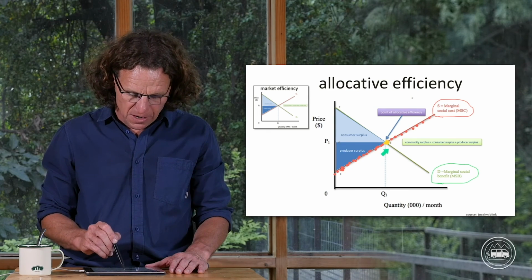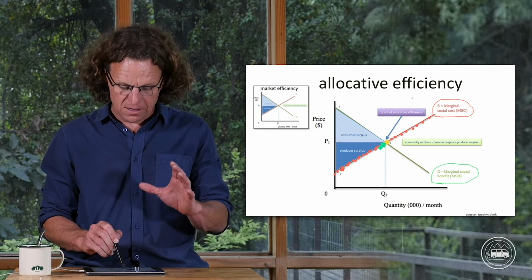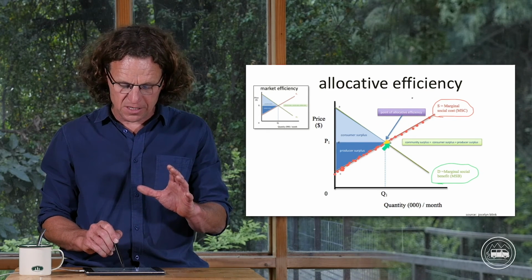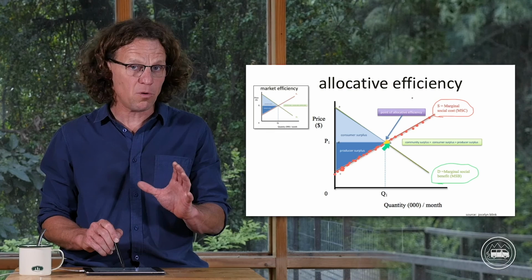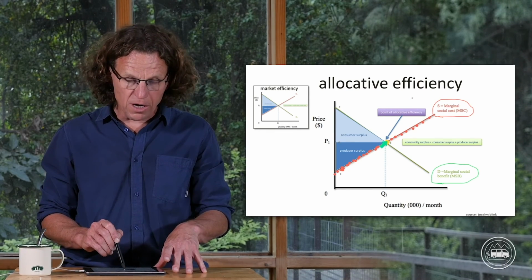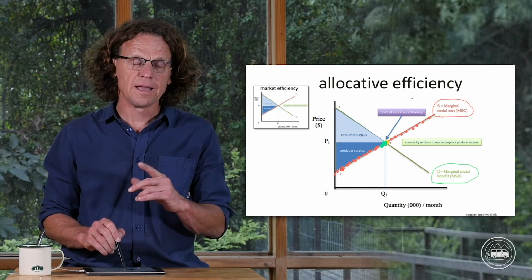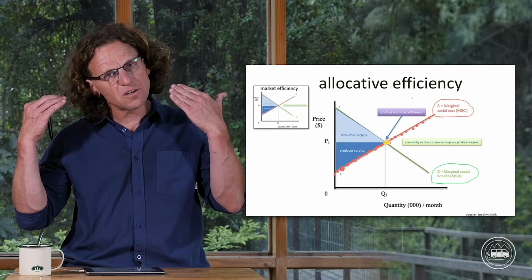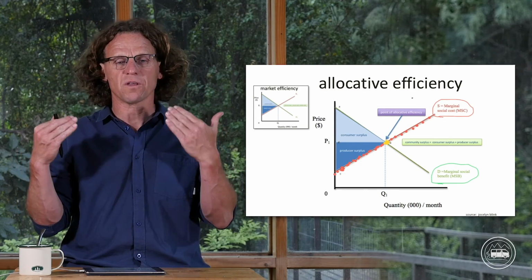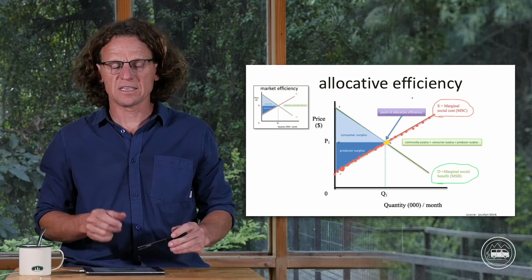Market failure is going to mess up the beauty of this point right here, the point of allocative efficiency, also called the socially optimal point of efficiency. Market failure is going to mess with that point. If you understand this now, just let it sit in your brain for a little while until you get to market failure. Boom, your understanding is going to deepen significantly.